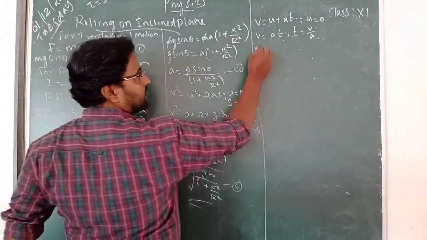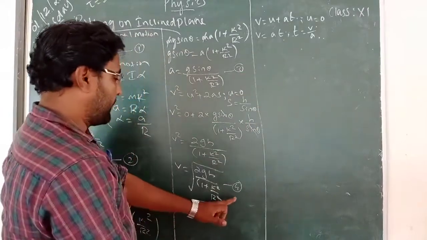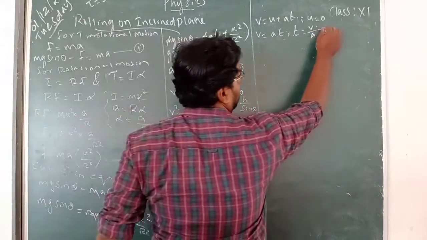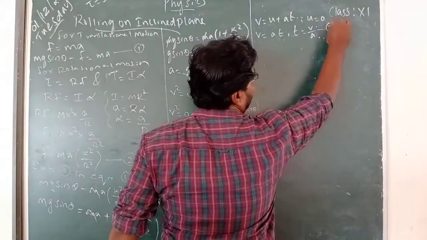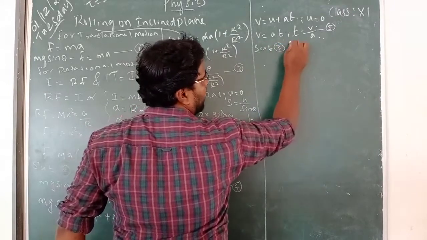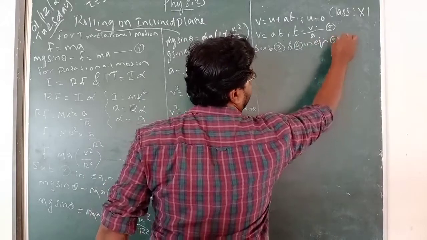So substitute this v value and the a value from equations 4 and 3. This you can keep as equation 5. Substitute 3 and 4 in equation 5.